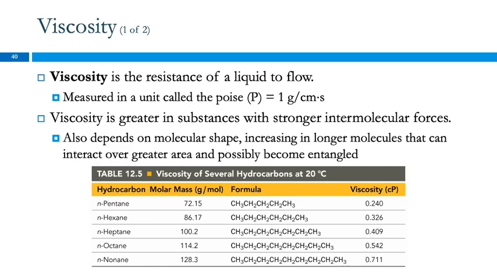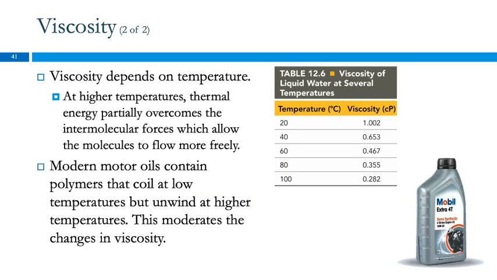And at colder temperatures, they curl up and they have smaller surface area and become less viscous, and so they can counteract the effect of temperature on the viscosity of the motor oil. So that's pretty cool. Any questions about viscosity?